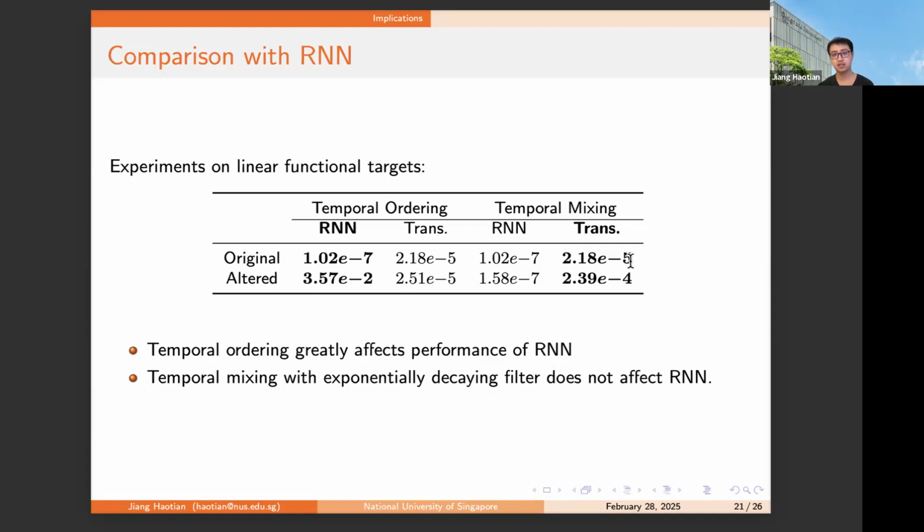We investigated and found that this is because the transformer generally has a hard time learning this kind of linear functional target, because the memory function contains a lot of temporal ordering information, and transformers generally find it hard to capture such information.